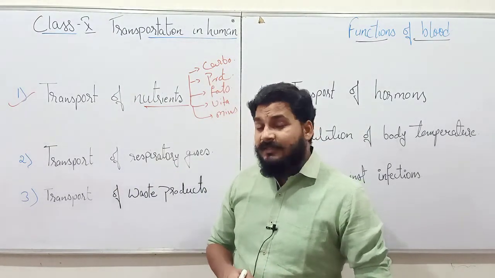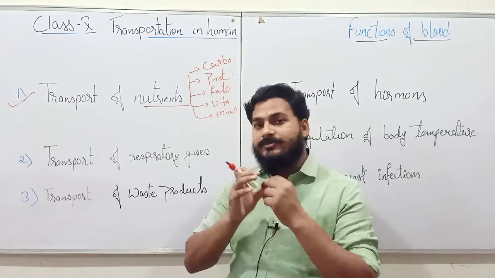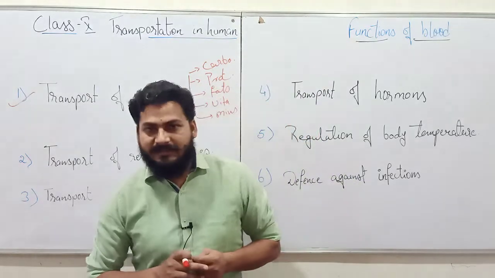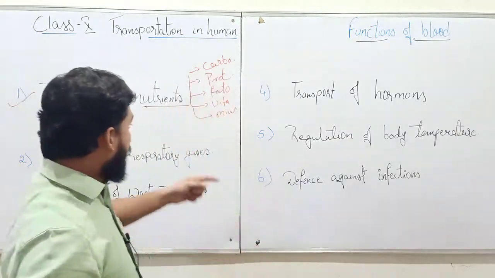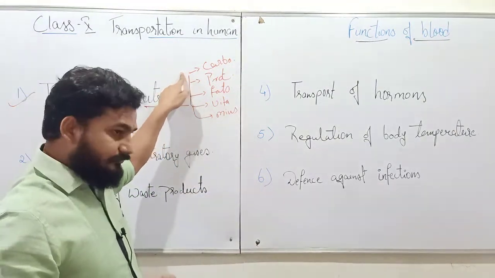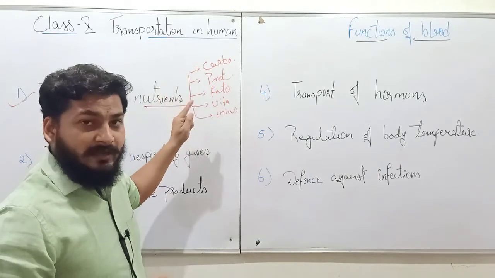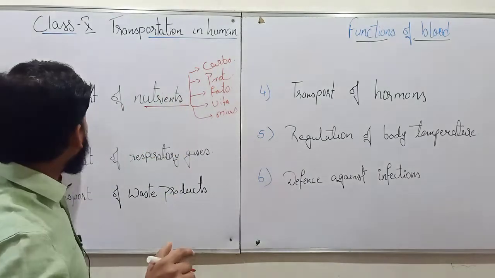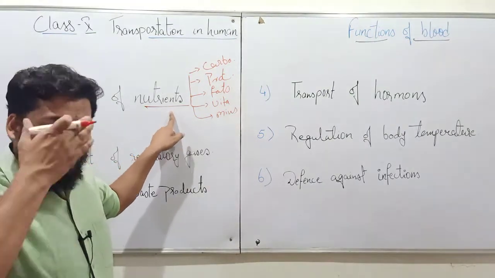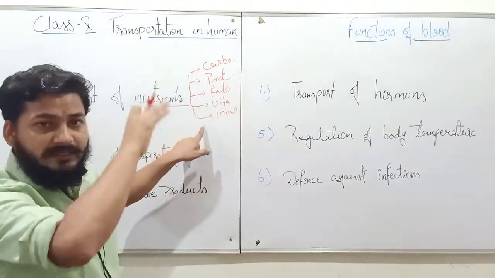We talked that after digestion they will be absorbed into the blood through the villi in the small and large intestine. So now these have been absorbed in the blood, and this blood has a first function to transport the nutrients. It will transport all the nutrients throughout the body.